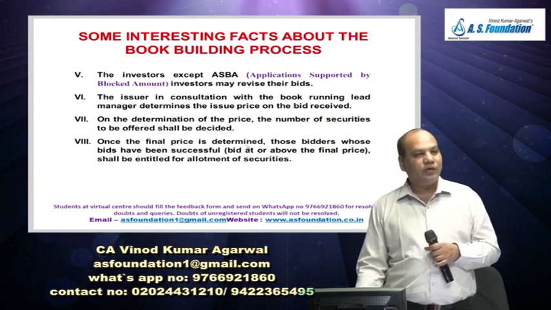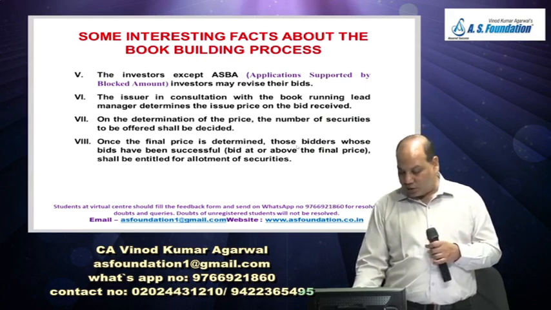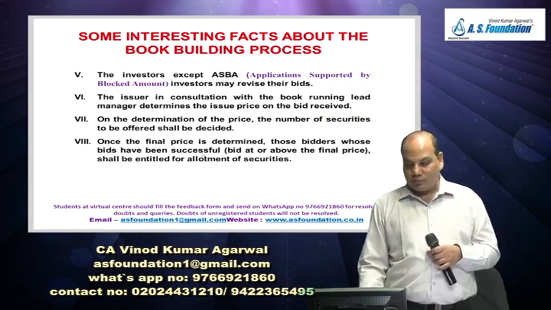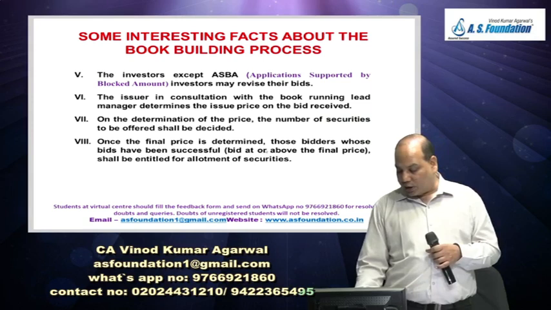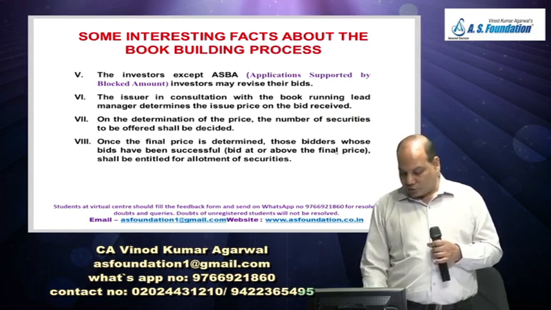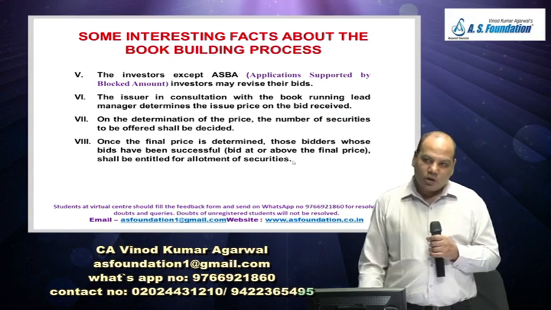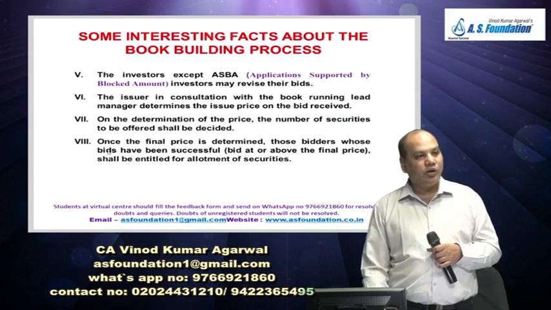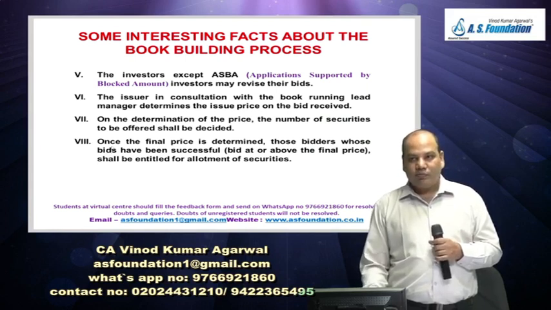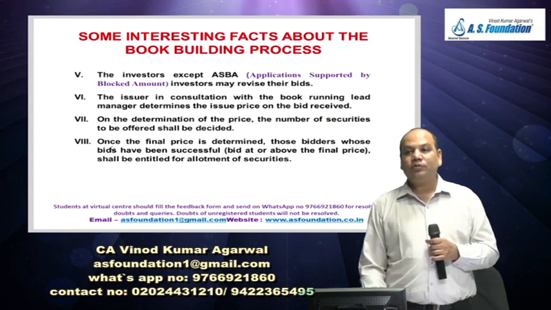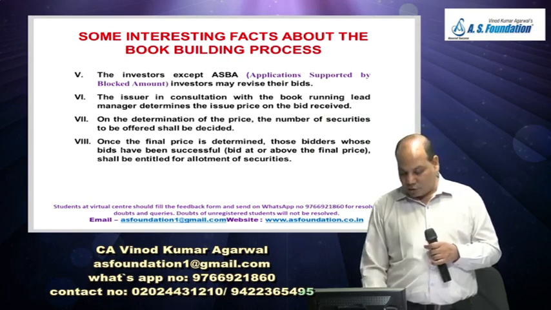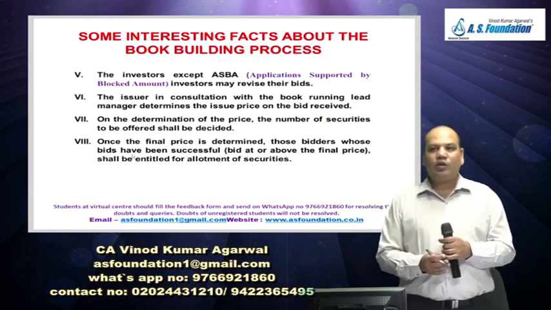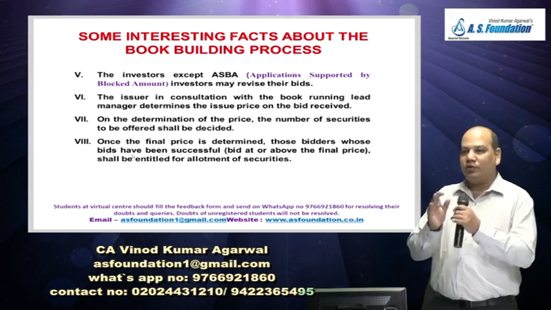Once the final price is determined, those bidders whose bids have been successful, like that example we saw, that means those who have bidded at or above the final price, shall be entitled for the allotment of these shares. Understood? Maybe in the exam you will be asked to solve a numerical question for few marks, where you may be asked to find out the bid price, the cutoff price. So you have to choose that price at which the desired number of shares can be issued or the desired amount of funds can be raised.